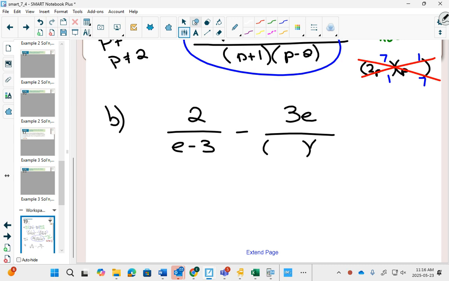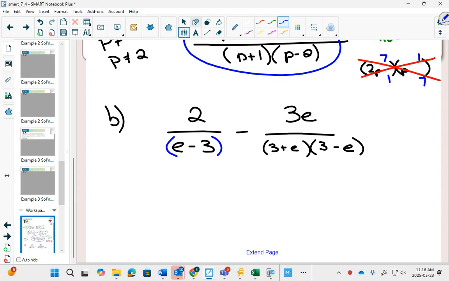I can factor a difference of squares to be 3 plus e, 3 minus e. This would get grouped together. And here's the first place where we could run into some big trouble if we don't see something.